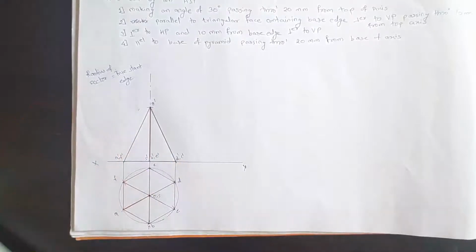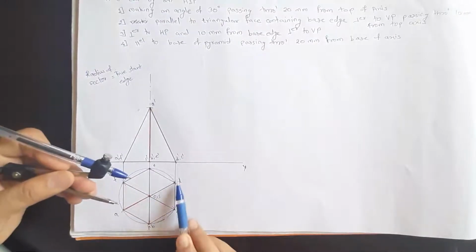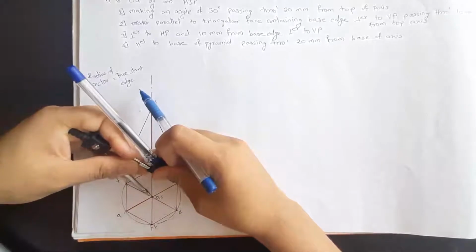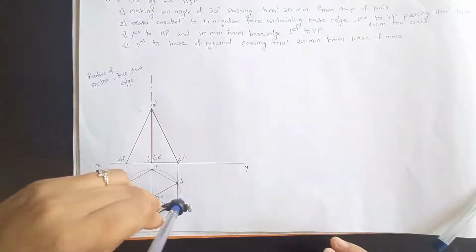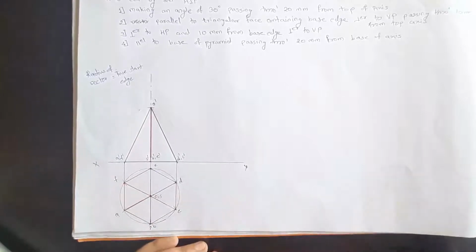So rotate this OD. Take O as a center, OD as a radius, and draw an arc. Of course it is going to be on this circle which we have used to draw the hexagon.